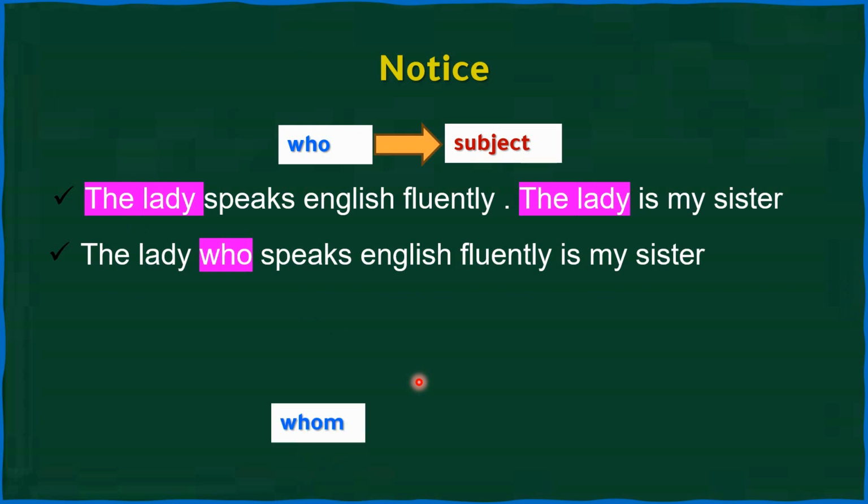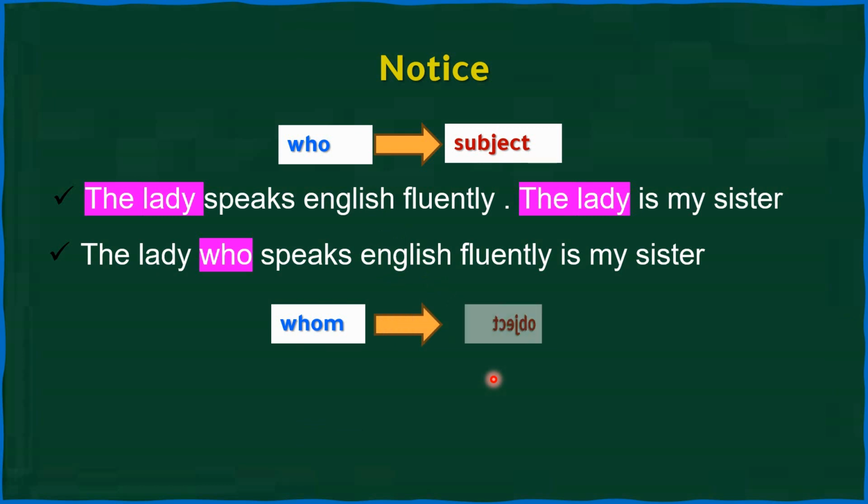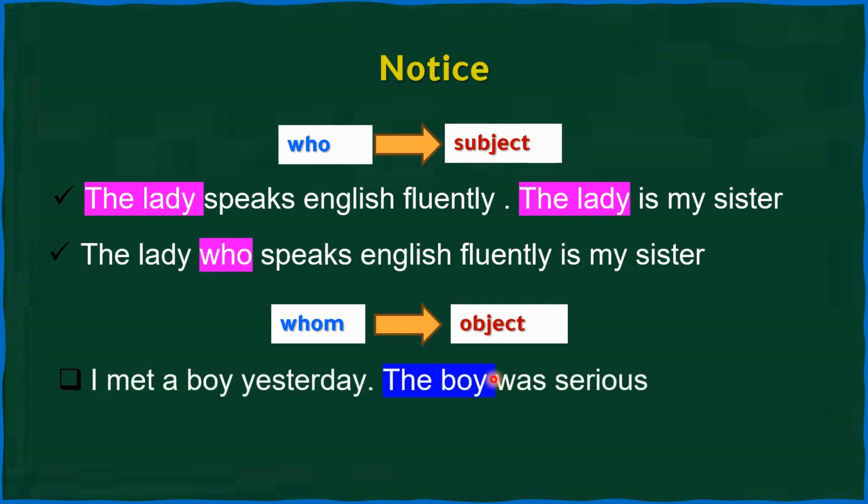And we have another point, whom. Look, whom is not like who. Whom refers to the object. For example, I met a boy yesterday. The boy was serious.